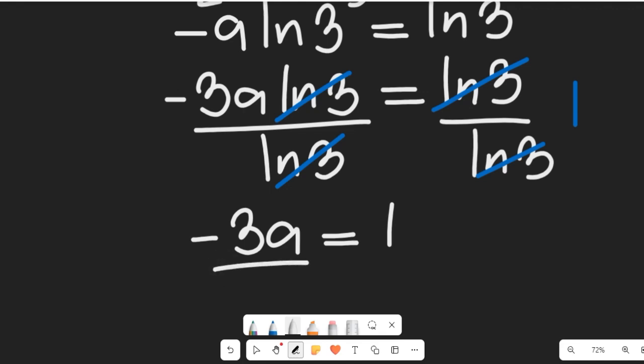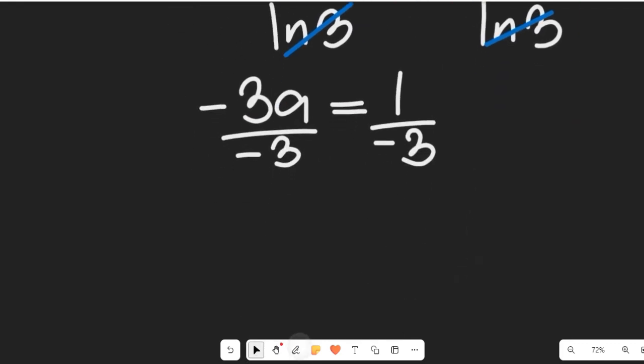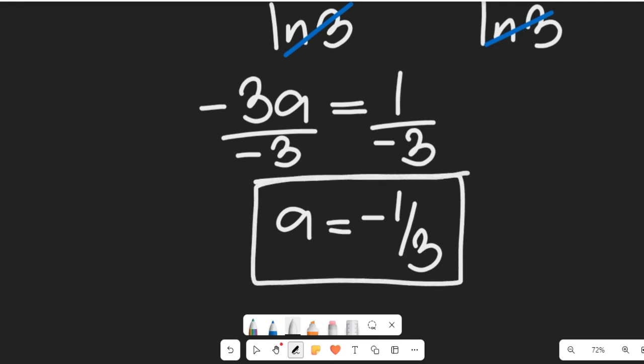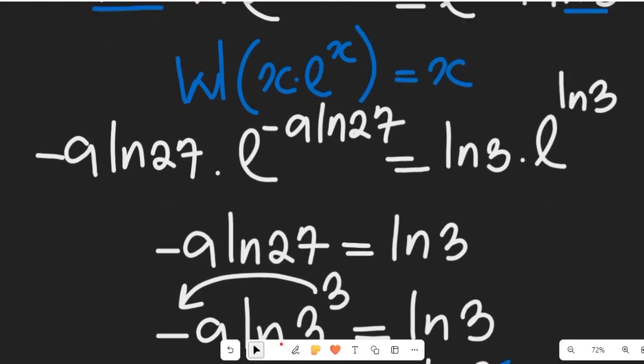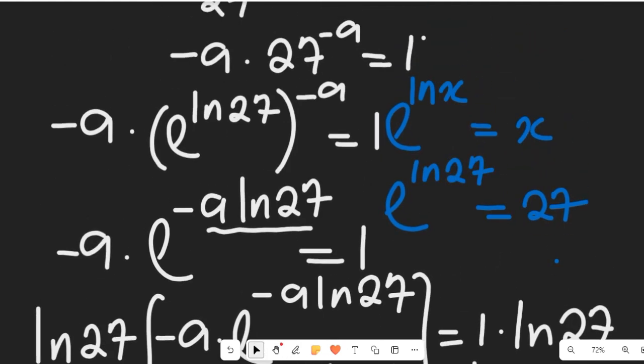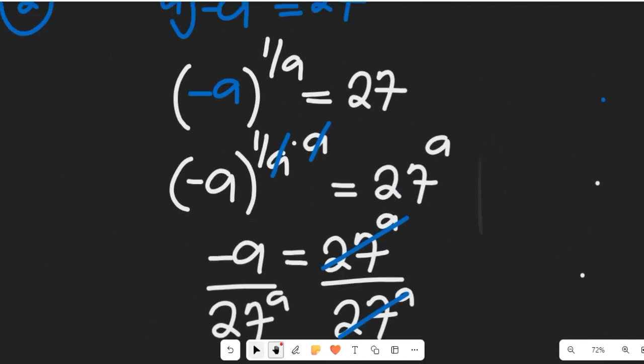If I divide both sides by negative 3, divide here by negative 3, I have my solution, the value of a to be equal to negative 1 divided by 3, which is the solution to that math expression given to me out there. So this is the solution using method 2, and you see we got exactly the same solution with that of method 1.